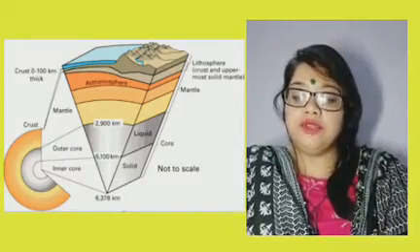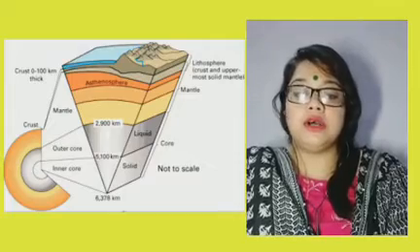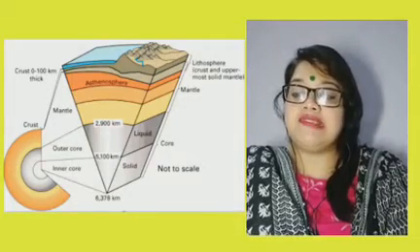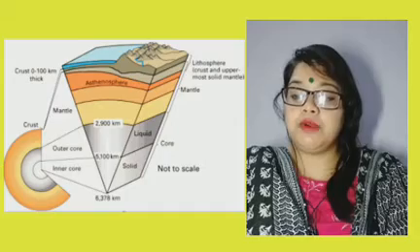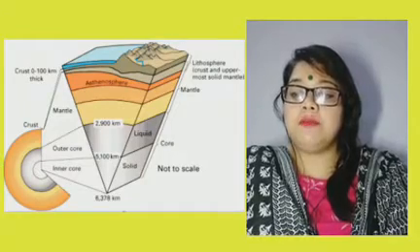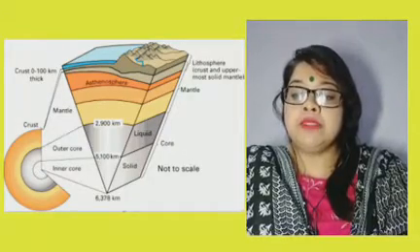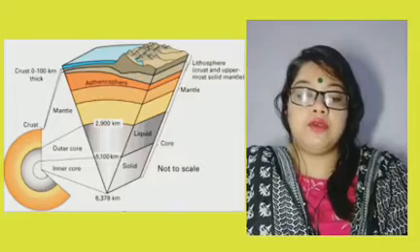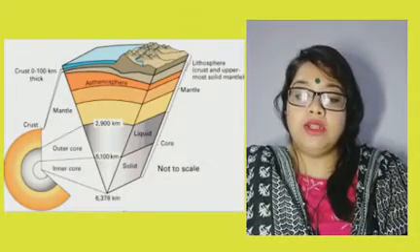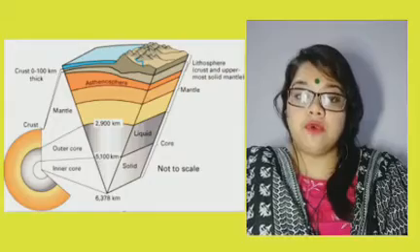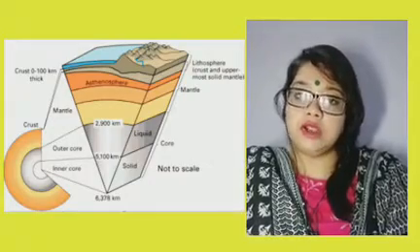Now I have given you the cake piece picture of the Earth's interior, where you can see the lithosphere that is made up of crust and the uppermost solid mantle. The crust is made up of rock, and upon that we have the soil layer where we grow the crops.